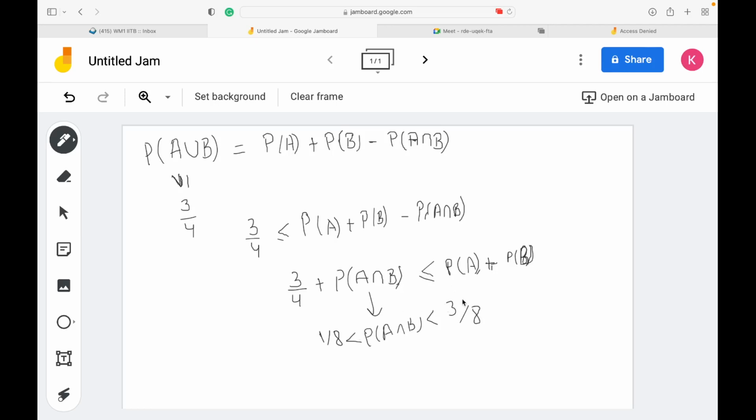So if we put 1 by 8, we will get 3 by 4 plus 1 by 8 less than PA plus PB.